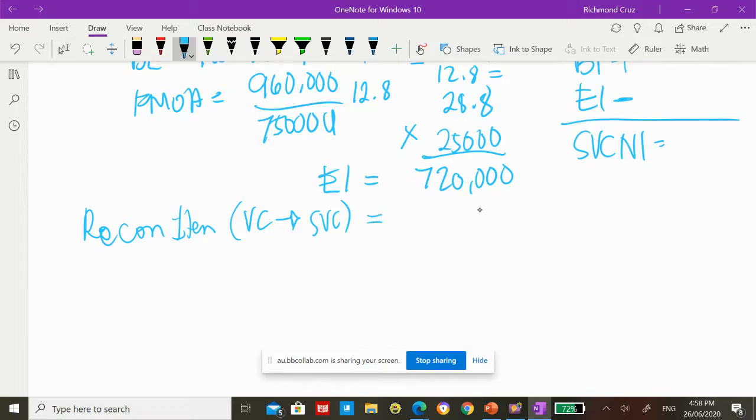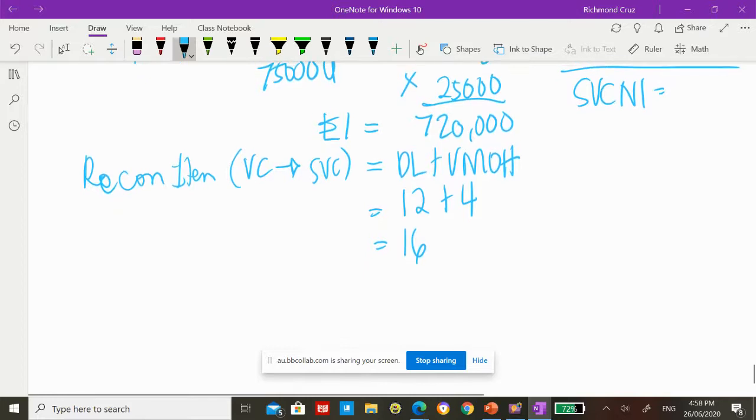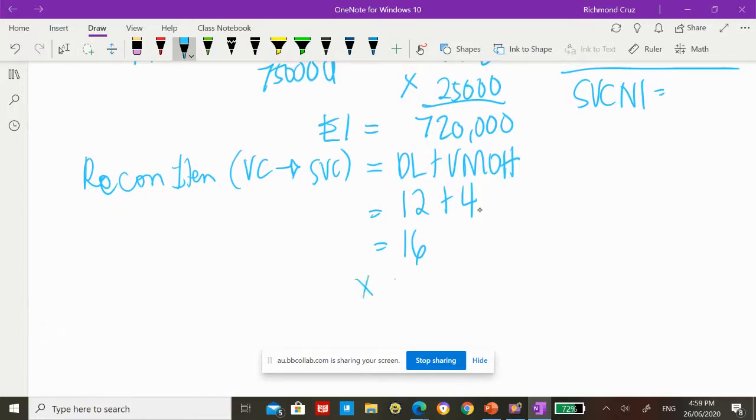So our reconciling item is what is not included under super variable costing, and that is direct labor and the variable manufacturing overhead. This is $12 and $4, so the total is $16. Again, we multiply this by the units in ending inventory, that is 25,000.